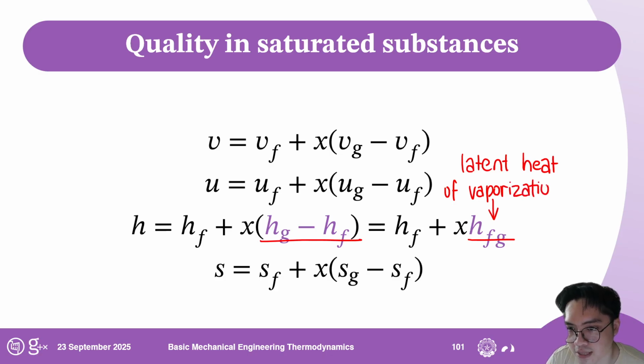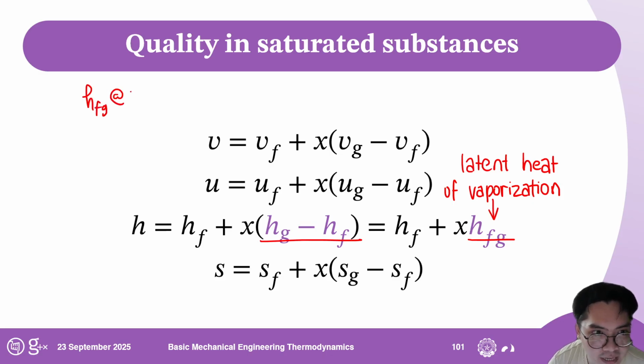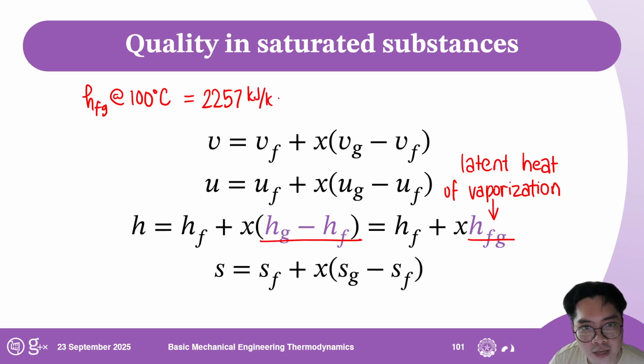This is basically the amount of heat that you would need to give to a saturated liquid, a liquid that is ready to boil or ready to evaporate, for it to fully evaporate. For water at 100 degrees Celsius, the Hfg is 2257 kilojoules per kilogram.